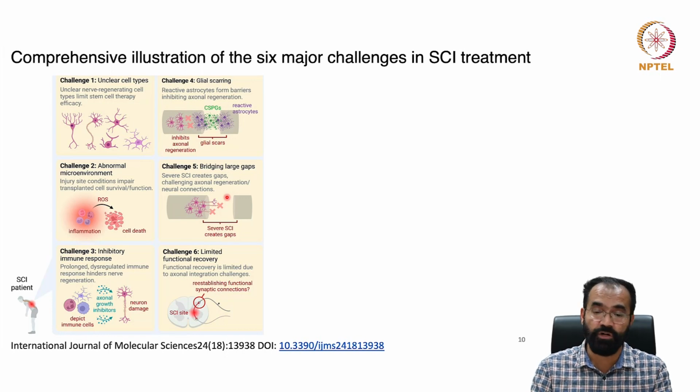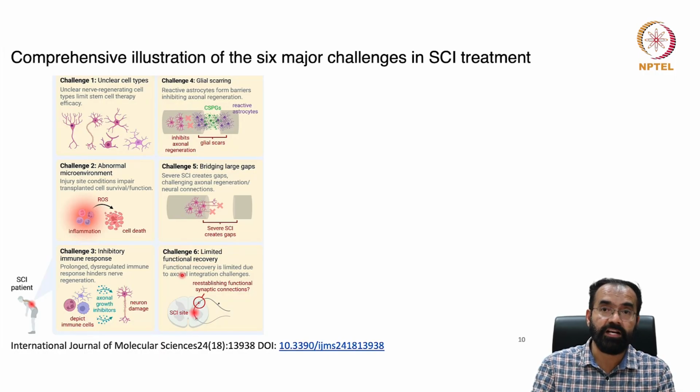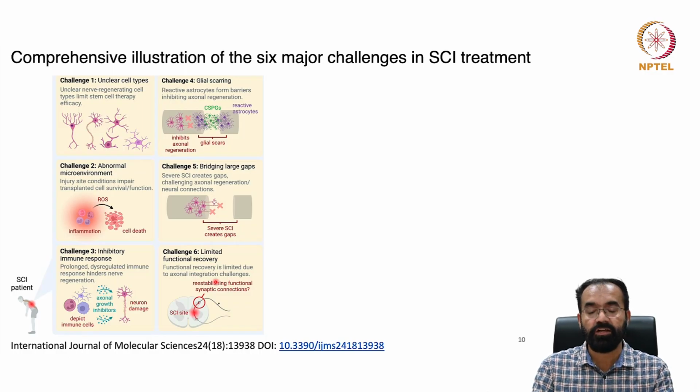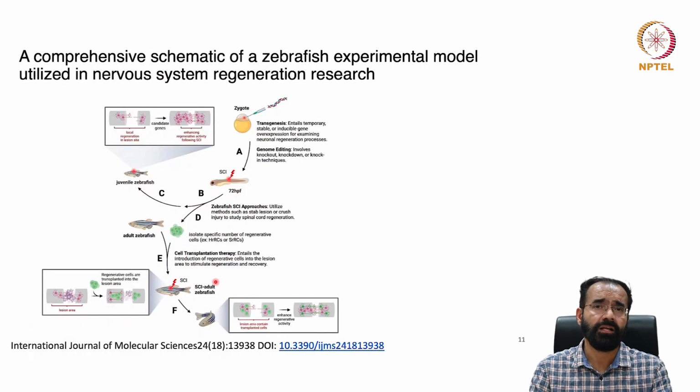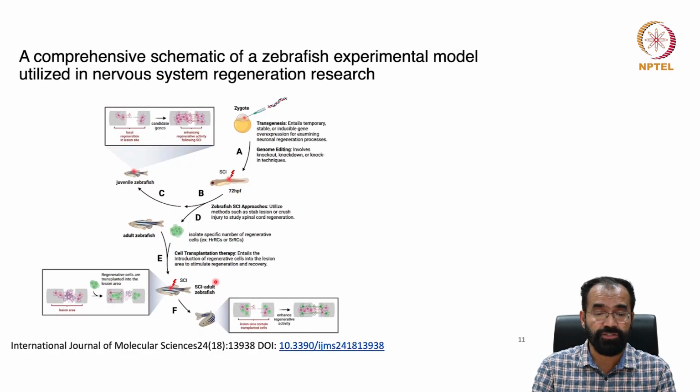Same logic applies here to axonal regeneration and neuronal connections. Challenge 6: limited functional recovery. Even though mechanically you are linking, functionally they are not the same. Functional recovery is limited due to axonal integration challenges. So these are the main challenges faced in spinal cord injury.